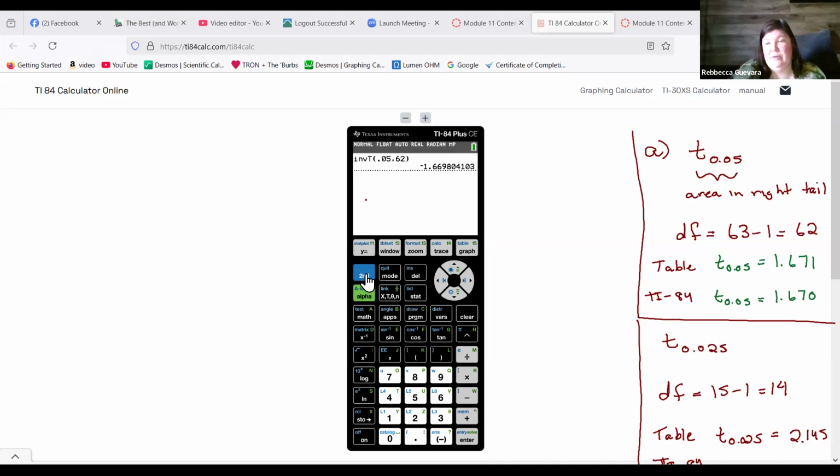If I do my last one now, sorry, it looks like part got cut off at the bottom. Second vars, there we go. Number 4. Now we're looking at an area of 0.025, because that's 95% level of confidence. We had 14 degrees of freedom. And this one should be much more accurate.